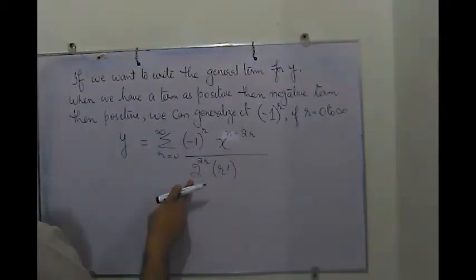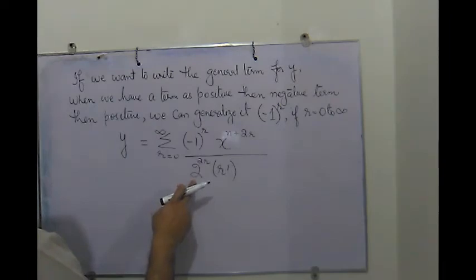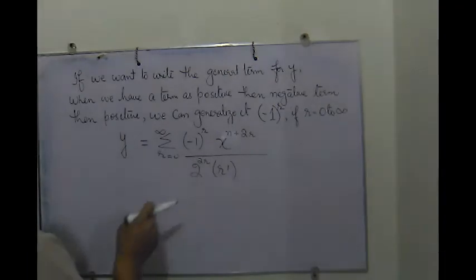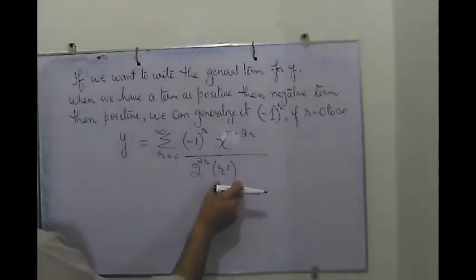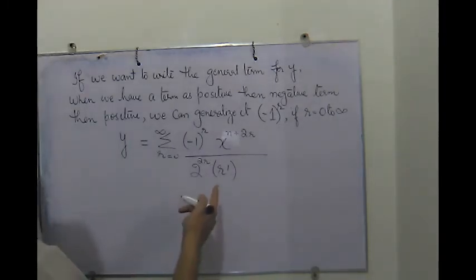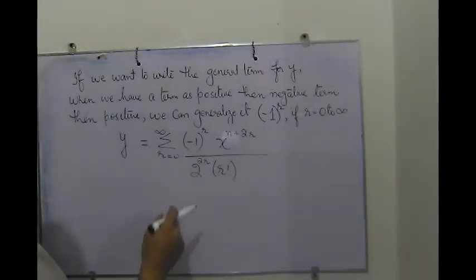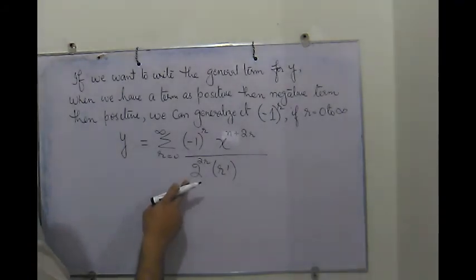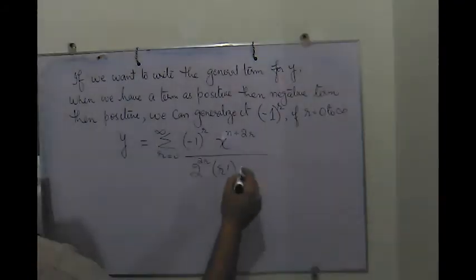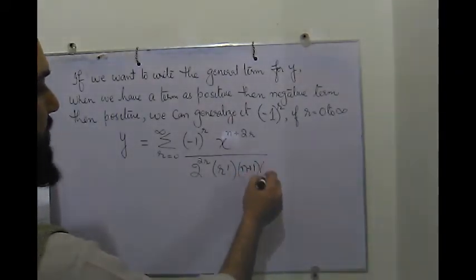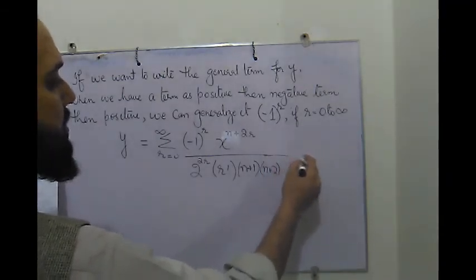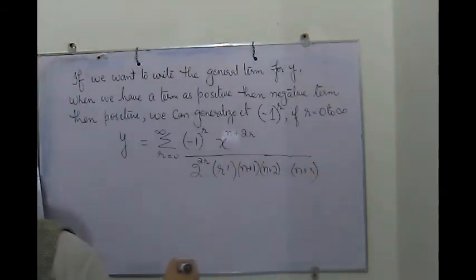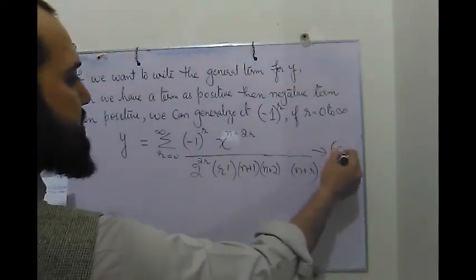We have 2 factorial, then in the next terms 3 factorial, 4 factorial, 5 factorial. So that will be generalized as r factorial because r is 0 to infinity. And the power for 2 can be represented by 2 raised to the power 2r. And we have n plus 1, n plus 2, n plus 3, so we can write this as n plus r. So the generalized term we represent as equation number 6.